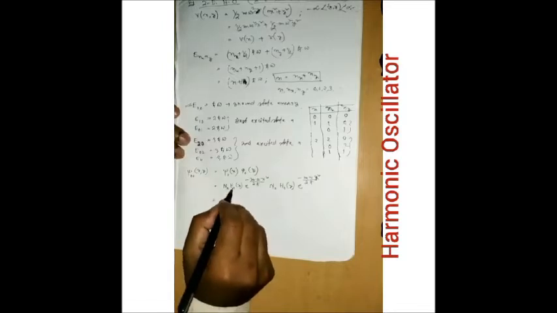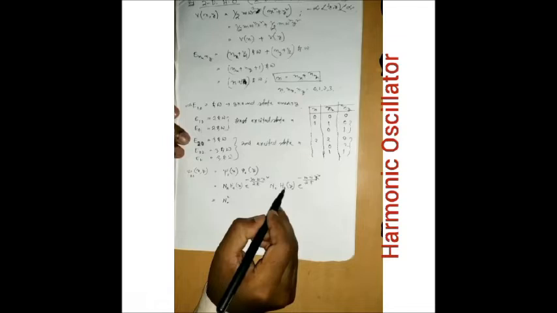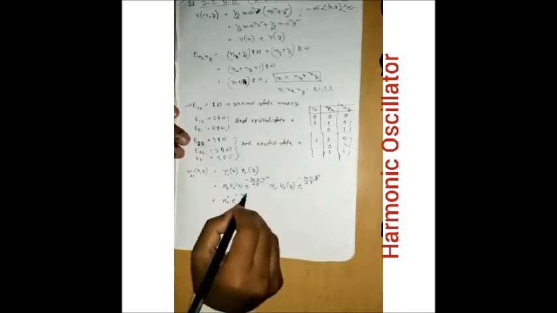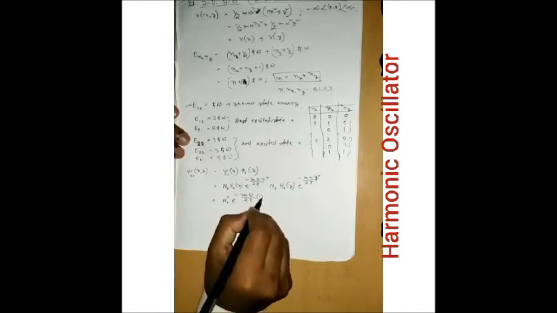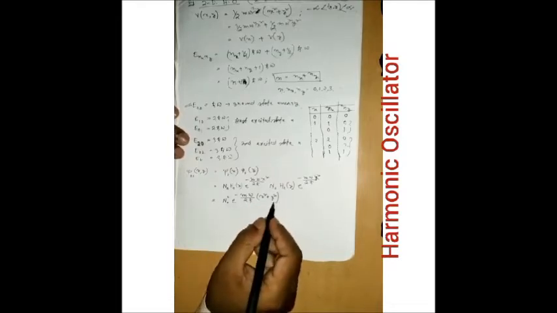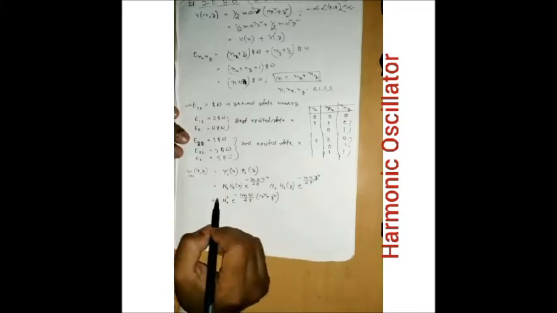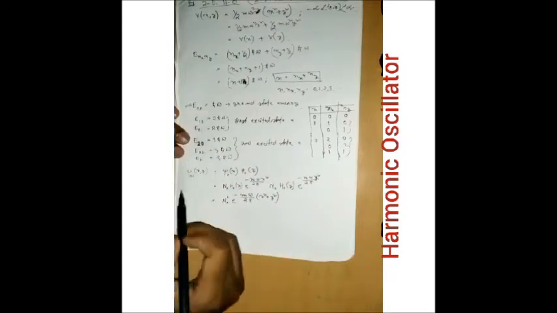So what will be the value of the Hermite polynomial H naught of x? This is 1. So H naught of y is also 1. If I combine it, it is e to the power minus m omega divided by 2a squared times x squared plus y squared. Clear? So this is the wave function. Only one wave function we are getting for the ground state energy. So what will be the degeneracy?